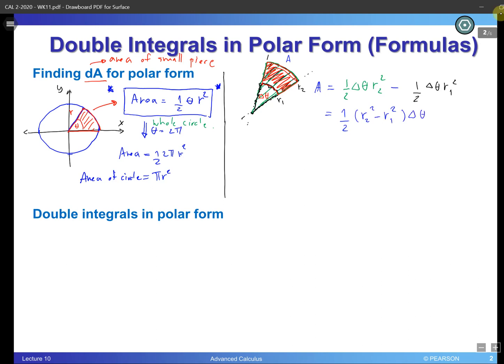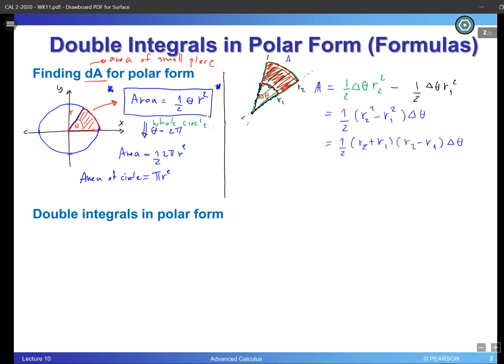Okay, now I'm going to do some factorization. It's going to be 1 over 2 (r2 plus r1). Nothing fancy, right? Front square minus back square, you get front plus back times front minus back, and this is delta theta.